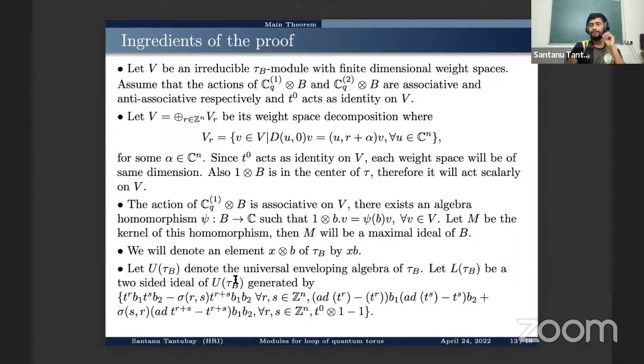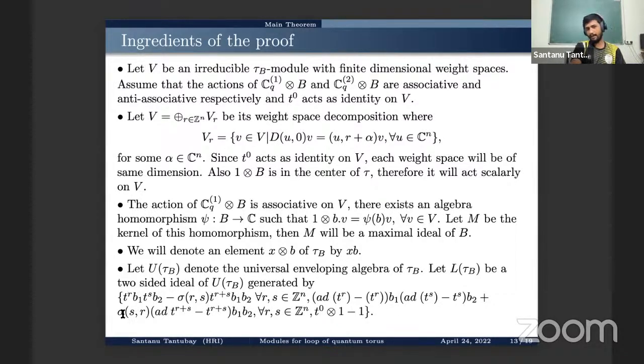Let U of tau B denote the universal enveloping algebra of tau B, and L of tau B be the two-sided ideal of U of tau B generated by these three types of elements. The first type of elements comes from CQ1 tensor B acting associatively, and the second type comes from CQ2 tensor B acting anti-associatively.